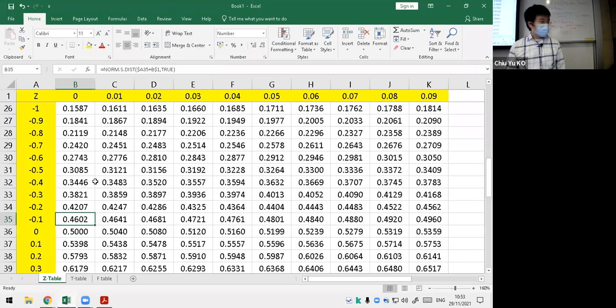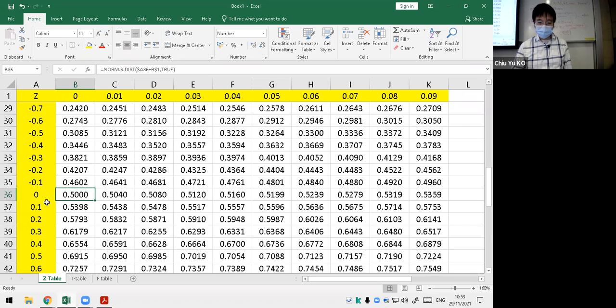Now 0.25 is here, right? That's how you find 0.25, which is 0.5987.